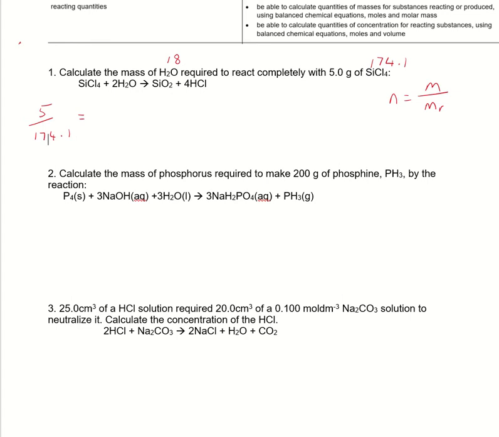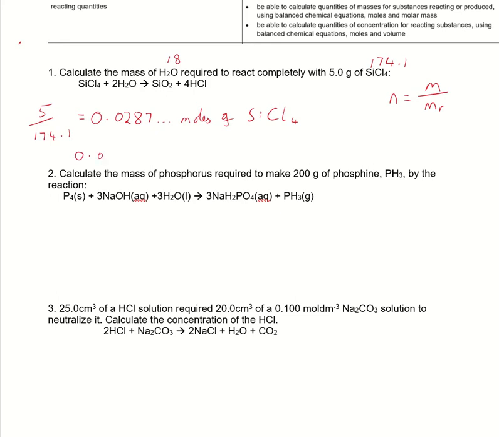And that gives me 0.0287 and some numbers afterwards, and that is moles of silicon chloride. It's always worthwhile writing things out for the examiner so that they know what your numbers actually mean.